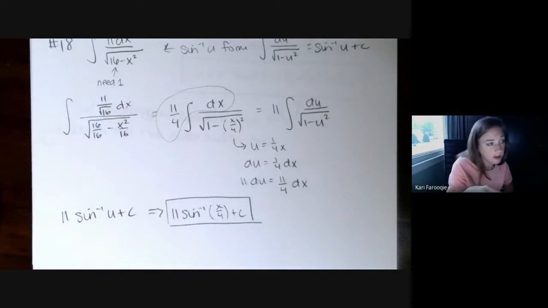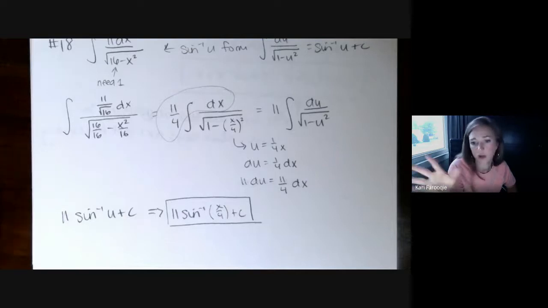No, as long as you do it right, whichever method you choose is fine. So if you want to switch your upper and lower limits, fine. If you want to back substitute and use x limits, fine. Just don't do both. Don't switch to u limits and then back substitute for x. I've seen too many students do that.